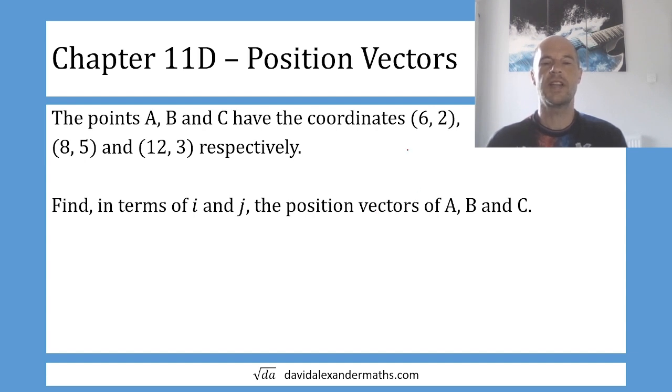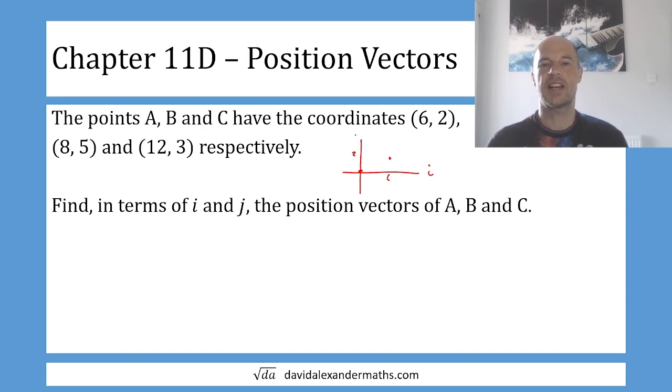So all we need to do is think of how we're getting to (6, 2) from the origin. This is so easy it's almost hard. To go from the origin to the coordinate (6, 2), we're going 6 along the x-axis and 2 up the y-axis, except here we're doing it in terms of i's and j's.